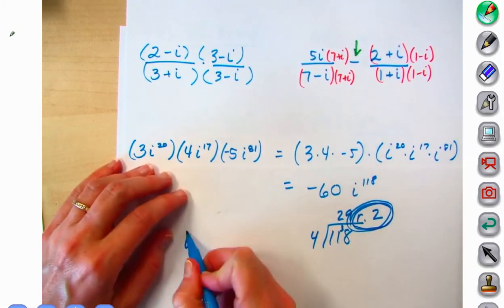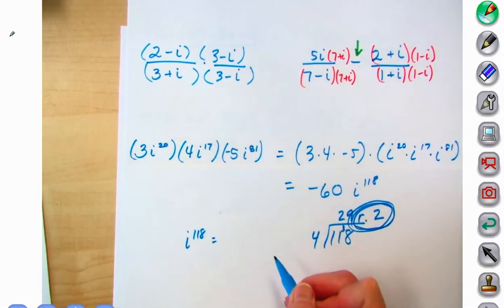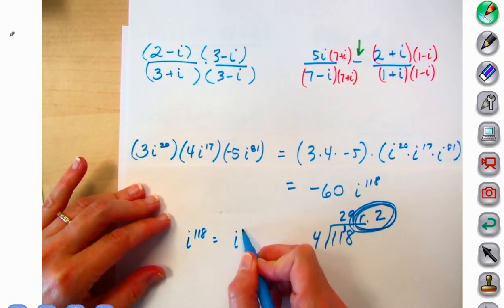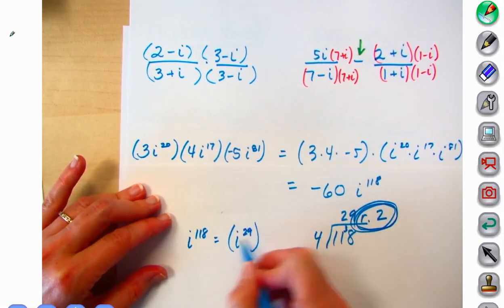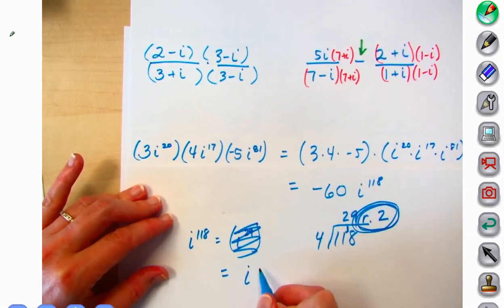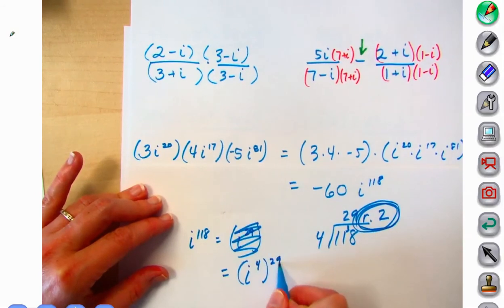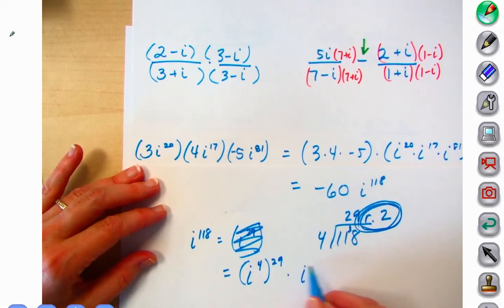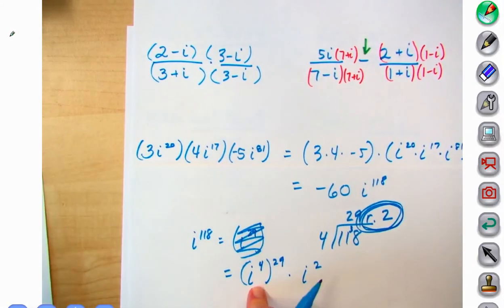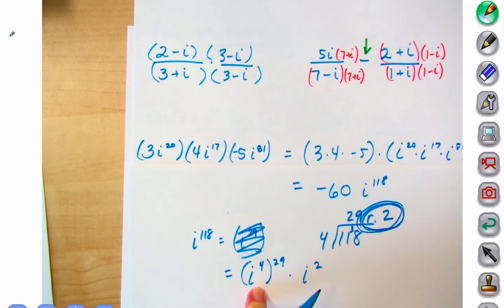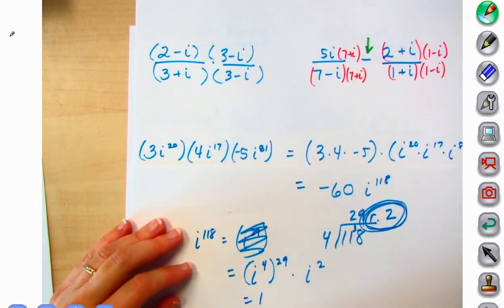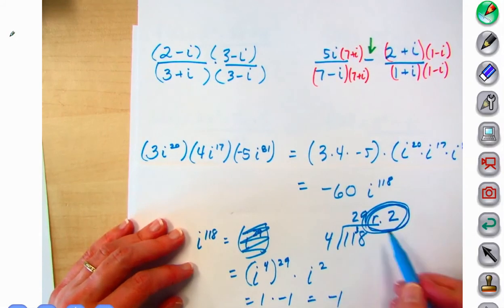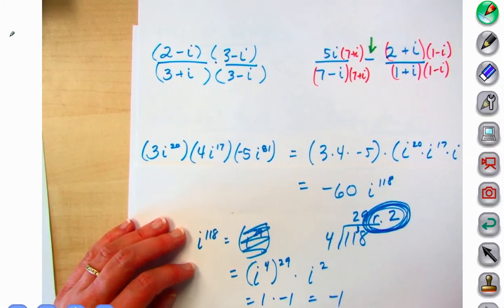I to the 118 is the same as i to the 4th to the 29th power, times what? i squared. And what is i to the 4th? 1. And 1 to any power is still 1. So therefore 1 times negative 1 is just negative 1. So that's why all we really have to pay attention to is the remainder there.